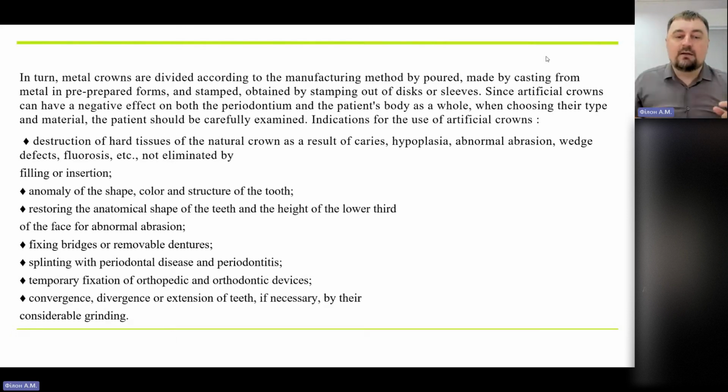Why? Because the patient after extraction of teeth gets a lot of problems with occlusion. The occlusion is going less, and when occlusion goes less, the third part of the face of the patient goes less too.